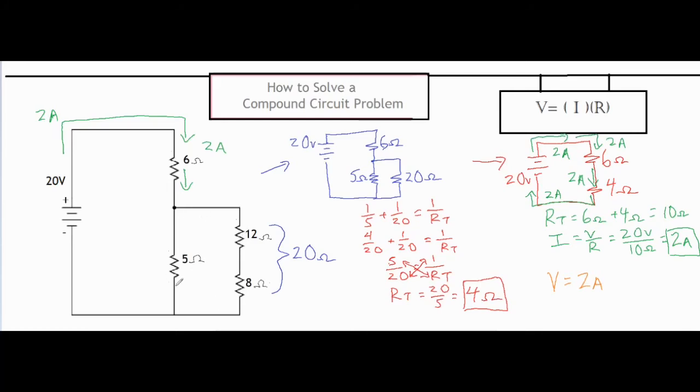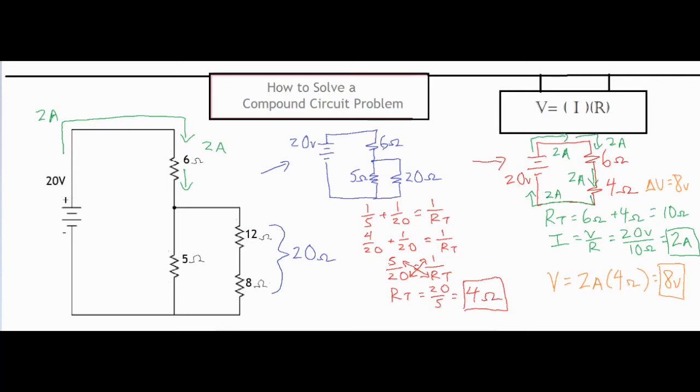And I know this whole entire section looks like a 4 ohm resistor. So I'm going to take 2 amps times 4 ohms, and then get 8 volts. So I know that the total voltage drop through this section is going to be 8 volts.